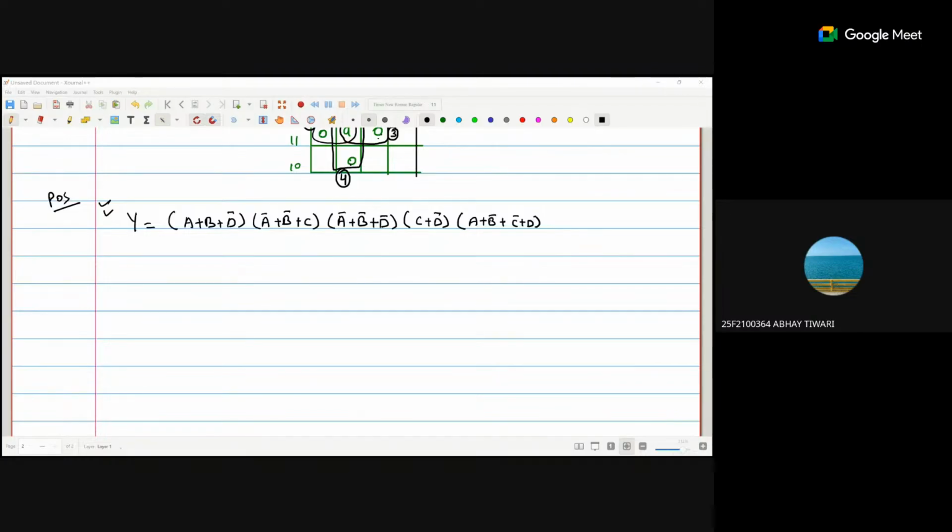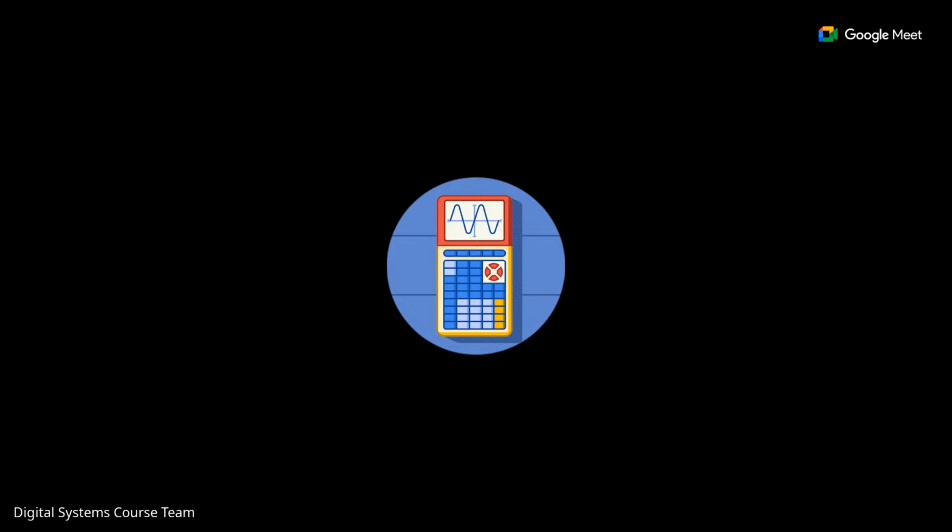Sir, I have a doubt. Yes, tell me. While grouping the terms, if in one option a group includes a redundant term and another option excludes the redundant term, then do we have to choose both options? If they are asking for the simplified form, simplified means no redundant term.